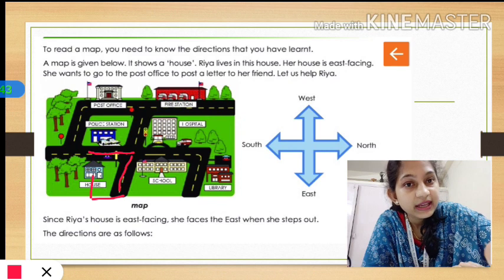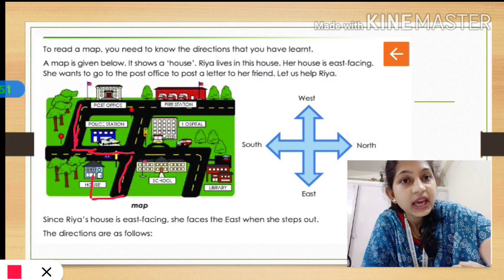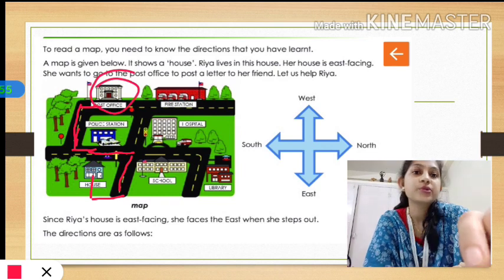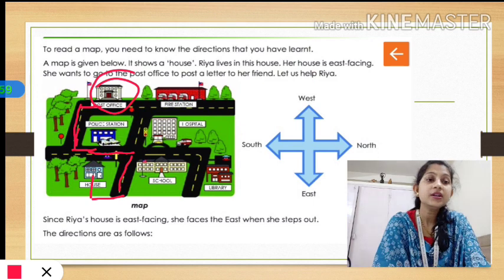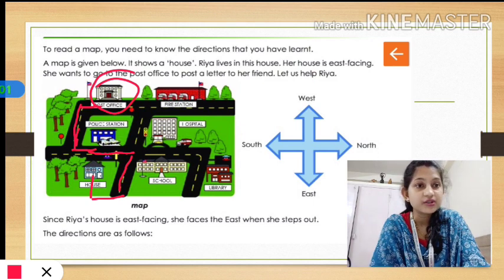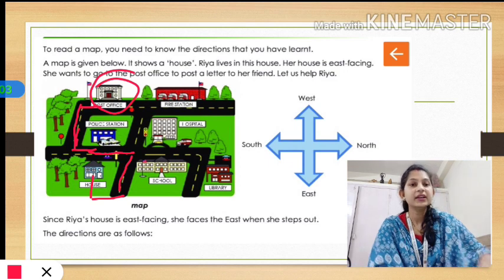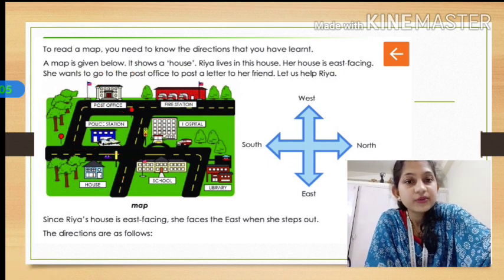Yes, moving left. Then she will be moving right, isn't it? Then moving toward the west side, and then she will be moving right to reach the post office. Okay, this also can be a way of reaching the post office. Correct? Now let's move ahead.